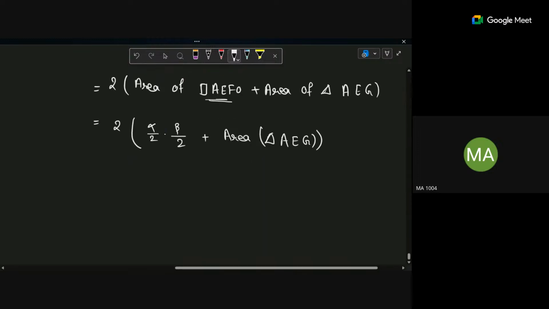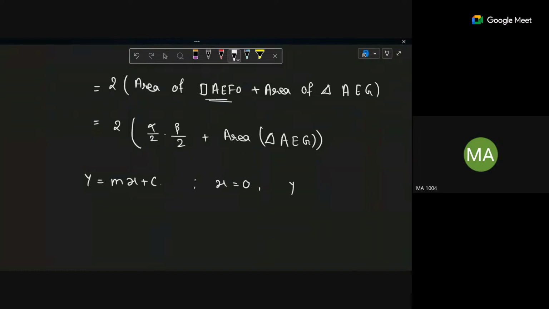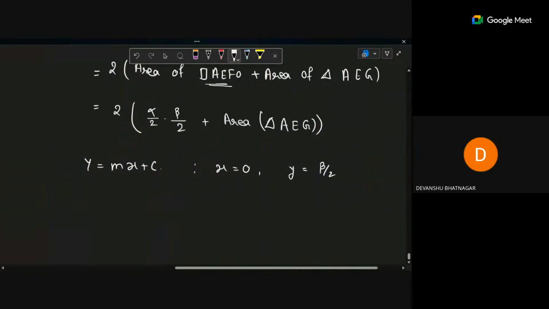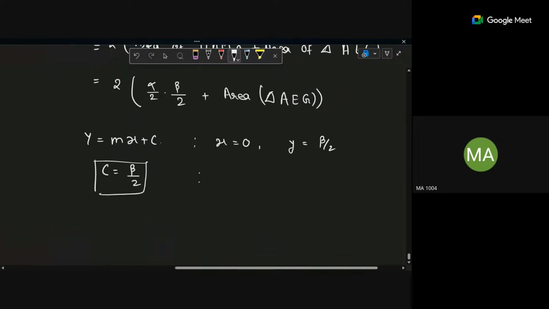For that, let's suppose the equation of that line is y equals mx plus c. When x was equal to 0, your y was beta by 2, so your c is nothing but beta by 2.